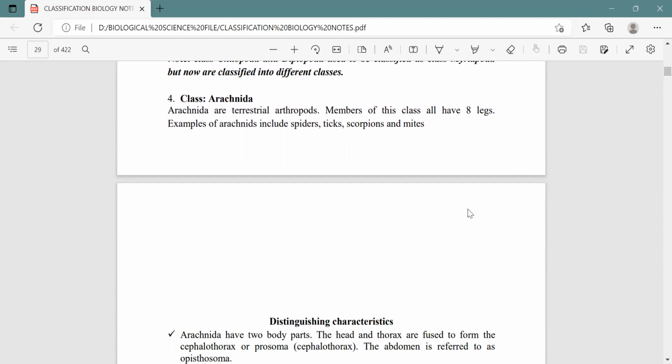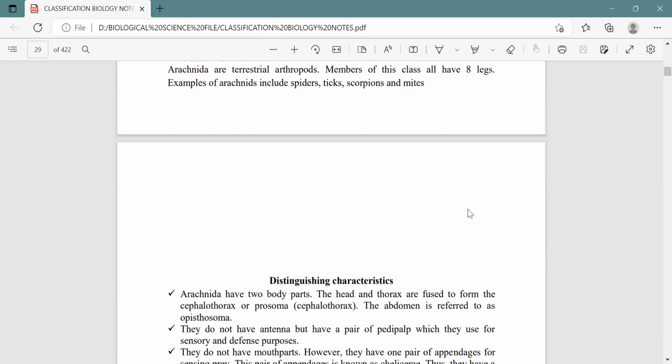Remember I told you that in crustaceans, the head and thorax are fused together to form one body division that is known as a cephalothorax. The second division being the abdomen.